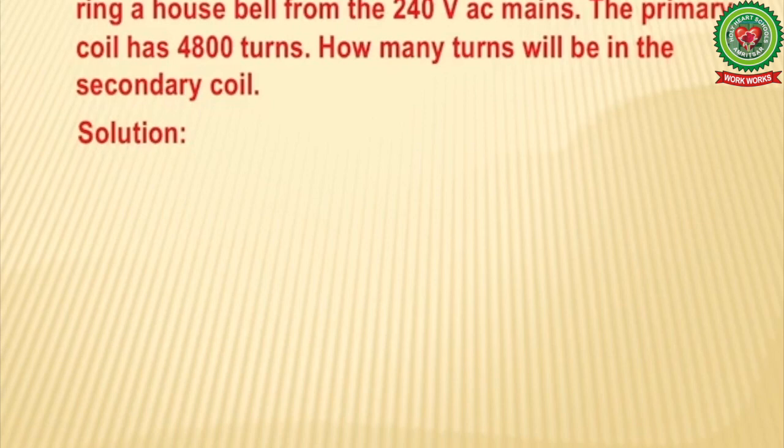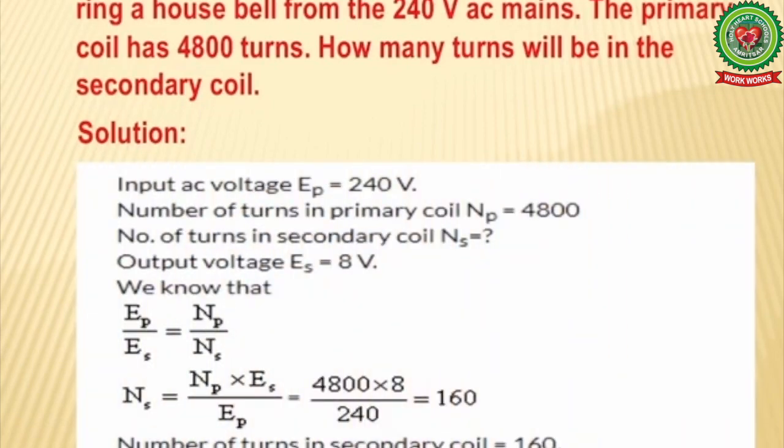Solution. Input AC voltage Ep is equal to 240 volt. Number of turns in the primary coil Np is equal to 4800. The number of turns in secondary coil Ns is what we have to find.